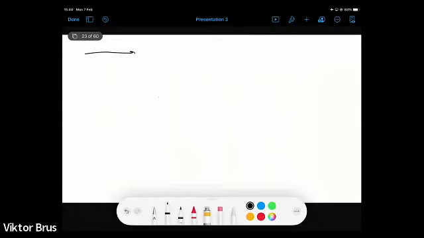So let's say we have a uniform electric field vector, and we have point A and point B. So this is the displacement vector, S vector. And here is some angle theta, which is the angle between the displacement vector and the electric field vector.